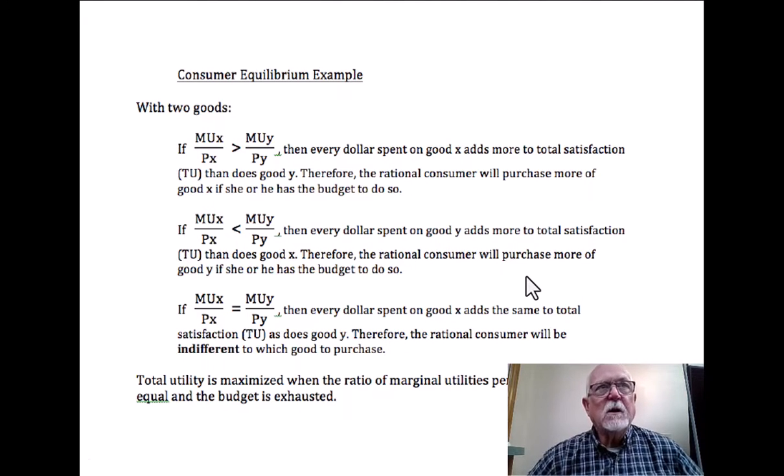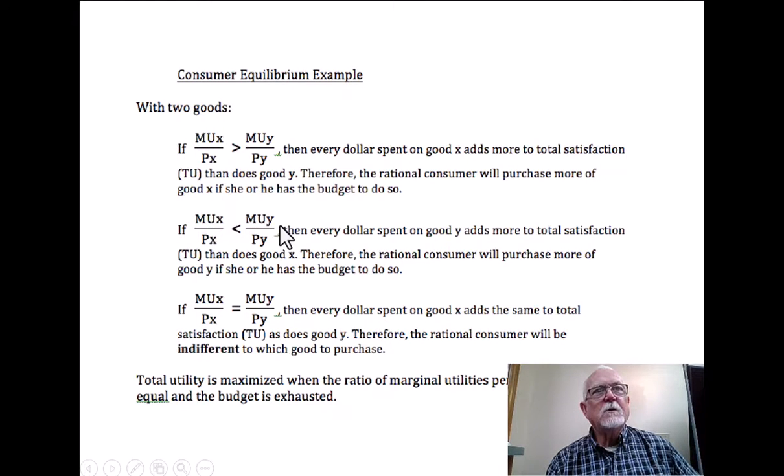Okay, and let's just keep it simple down to two goods. So if we're talking about planes and boats, for example, if the additional satisfaction out of planes, let's let X be planes, per dollar spent, in other words, divided by the price, is greater than the additional satisfaction per dollar spent on boats, then for every additional dollar we spend, we're going to add to our total utility by more if we buy planes.